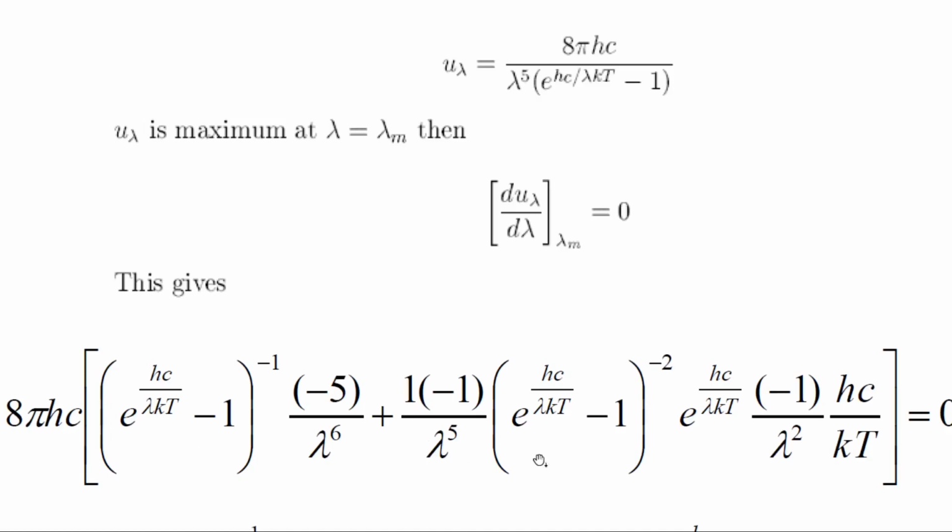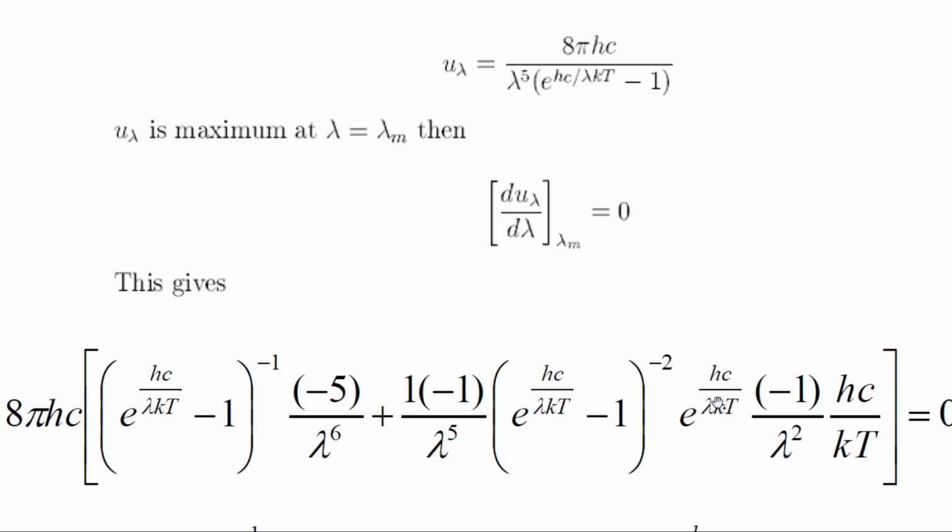That will become minus 1 times (e^(hc/lambda kT) minus 1) to the power minus 2, multiplied by, again differentiating, e^(hc/lambda kT) into the derivative of the exponent. We have hc by kT as constant, so I have written hc by kT as it is.